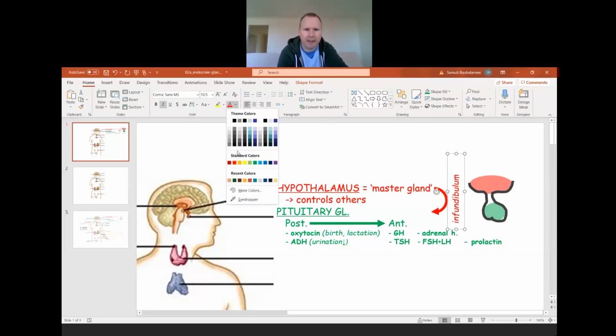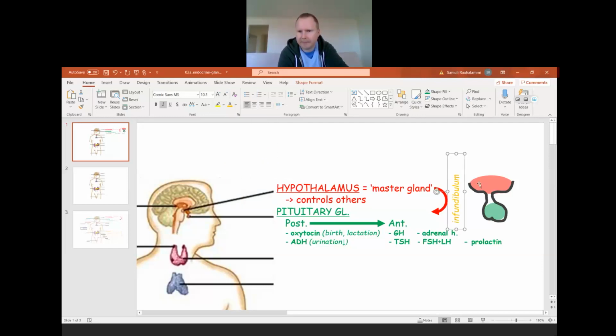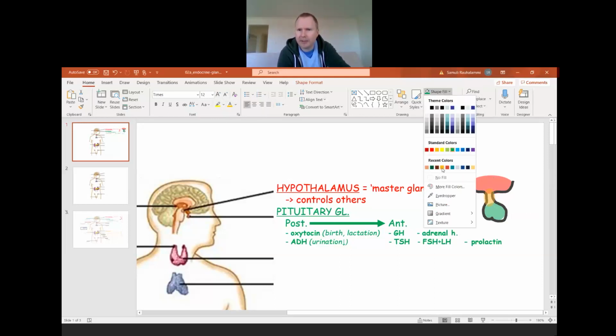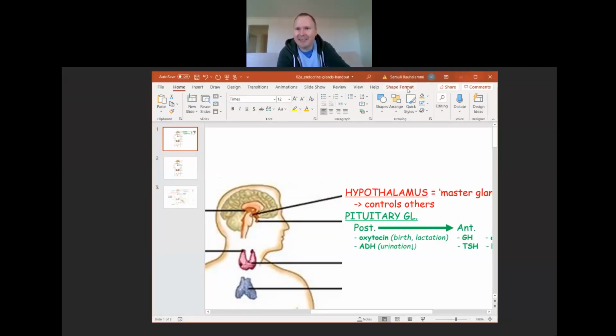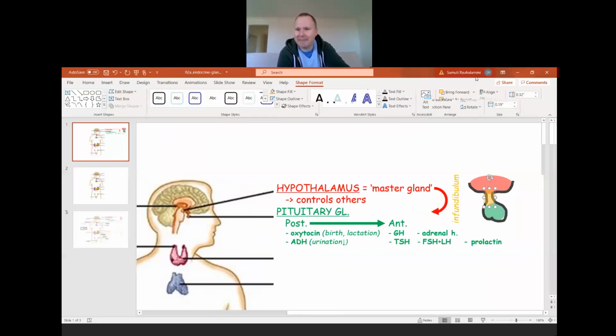I'm just going to use a different color to highlight that. Well, that was extremely laborious for a little thing, but we got there in the end.